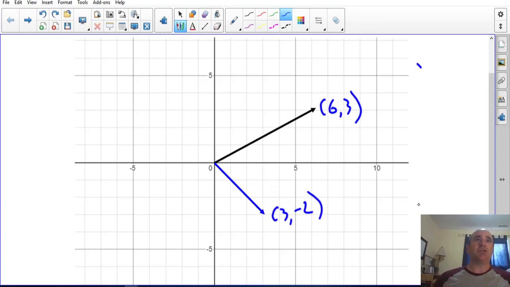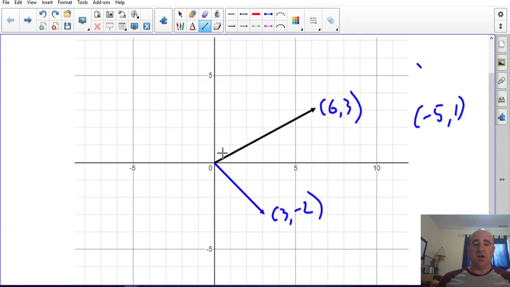So I can describe a vector just by giving a point. For example, if I say the vector (-5, 1), there's only one vector that can be (-5, 1). That's the vector that lands on (-5, 1). That's this vector right here. If I'm able to draw it, that means that the point (-5, 1) has completely determined the vector's magnitude and its direction.